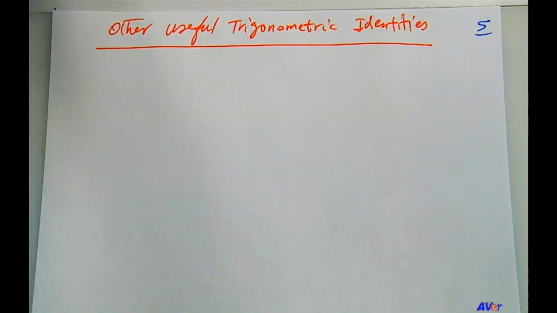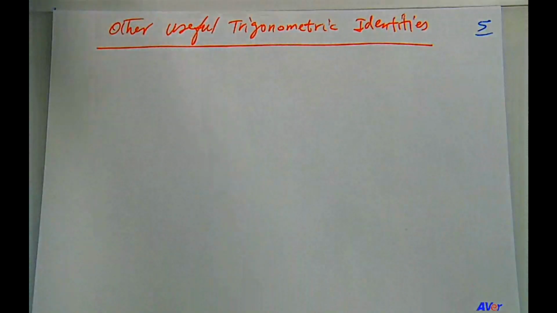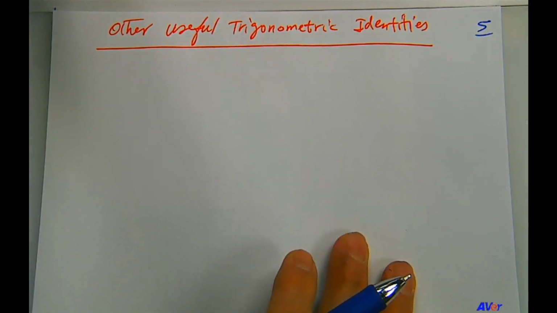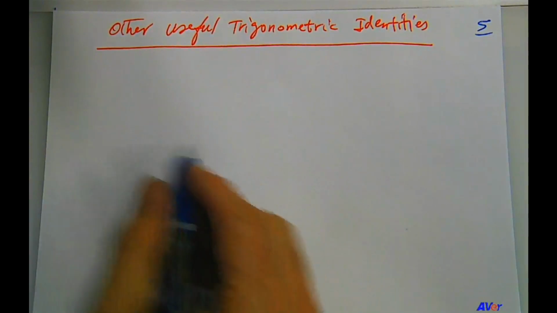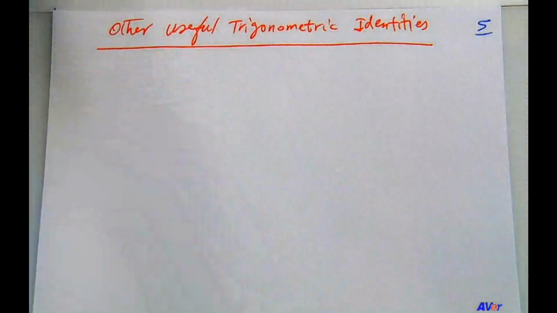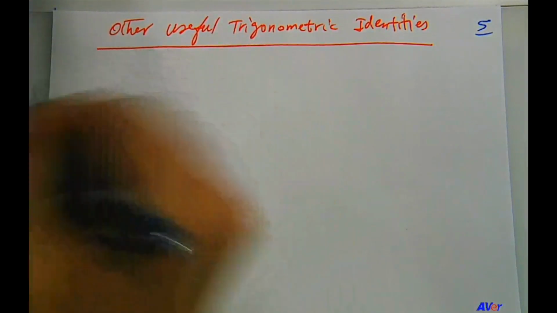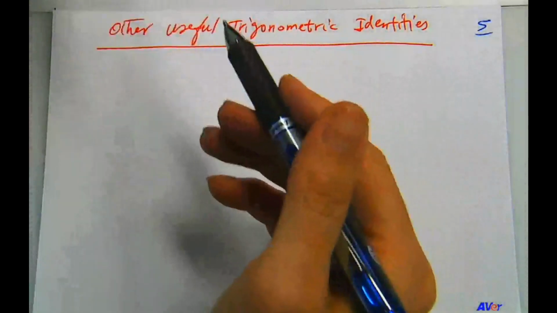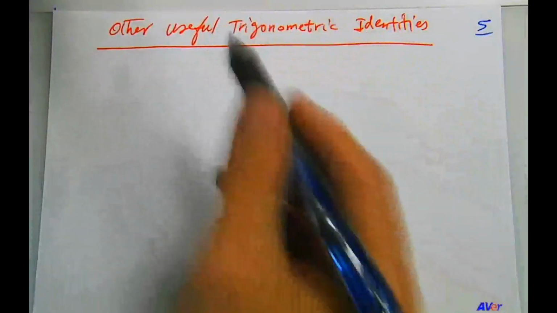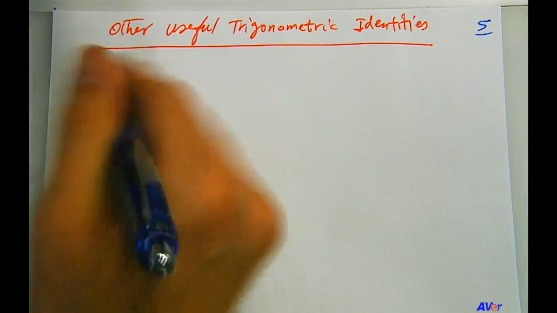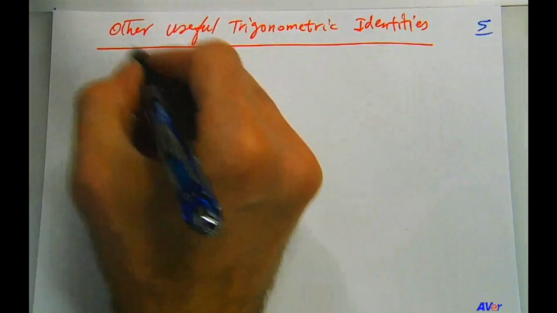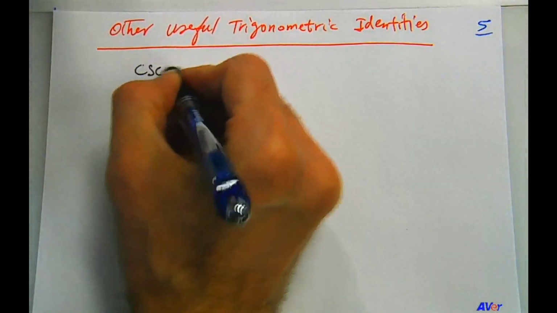There is no harm in duplicating what we've already learned. So let me write down some of them, not all of them again. I'll first write the previous ones in black ink, and then the new ones I will write in red ink, so they stand out as new identities. So these are the previous ones.